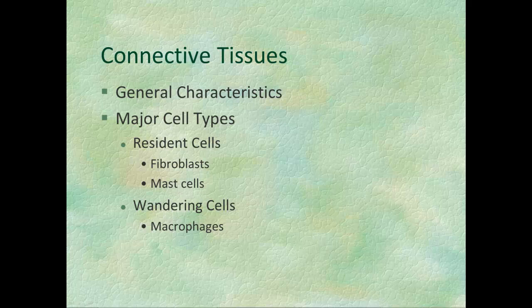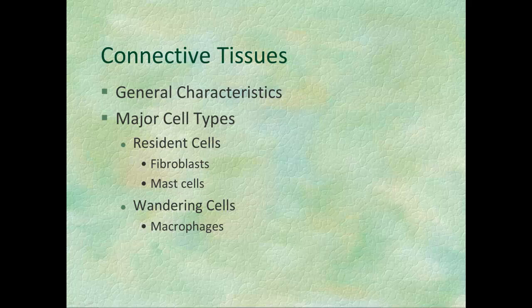Fibroblasts are the cells that actually secrete the fibers that are found in the connective tissues. These are the most common type of resident cell that we see. They're often relatively large, prominent cells, and again, they produce the proteins and secrete those proteins that are going to form the connective tissue fibers.